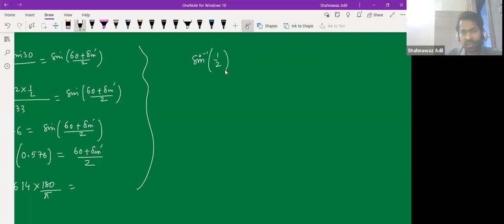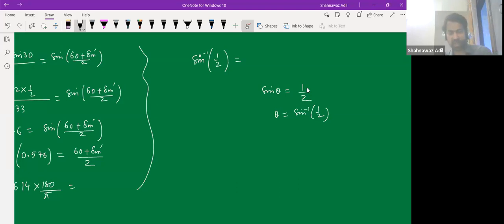For what value of theta do you get sine equal to half? So theta is sine inverse half. What is the theta for which the sine value is half?